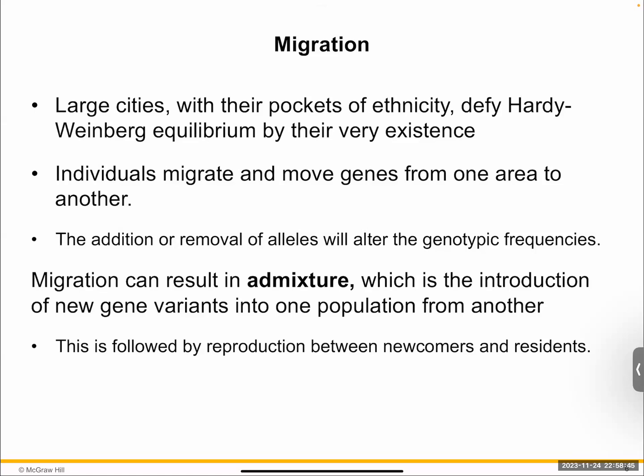Now, migration can also result in what we call admixture. This is where you introduce a brand new gene to a population, from one population to another. This gene eventually gets passed on to future offspring, because those who have migrated into the community are going to interbreed with the residents of the original population, causing that gene to be passed forward to future generations.